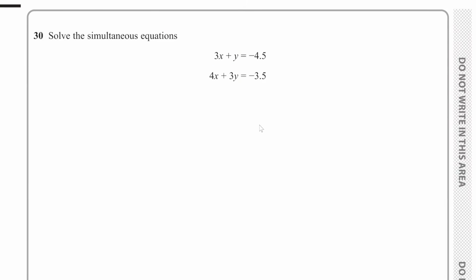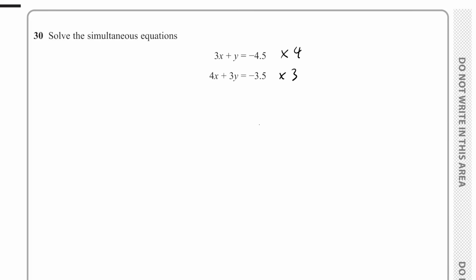Question 30, solve the simultaneous equations. So to eliminate something here, we need to make it the same. So we can eliminate y by making the y's the same, or eliminate x by making the x's the same. It doesn't really matter which one we do. Let's eliminate x.